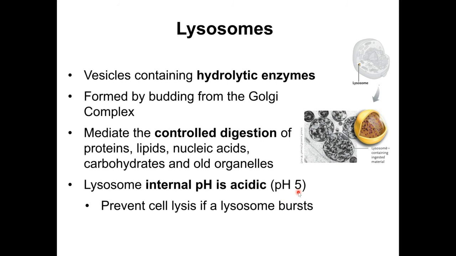So inside the cytoplasm is around 7.2. So if any of these lysosomes ever burst, these enzymes will be released in the cytoplasm, they would find themselves in a pH of around 7.2, which is not compatible with their activity. So they would actually get turned off. That's a good way for the cell to protect itself from the malfunctioning of some of these organelles.